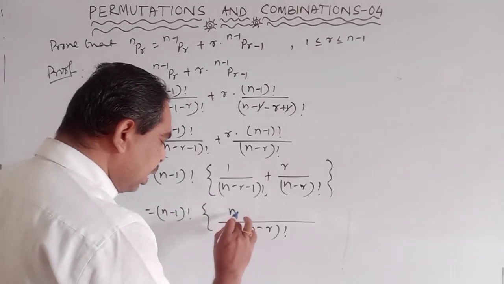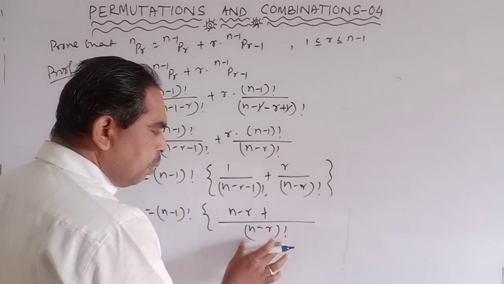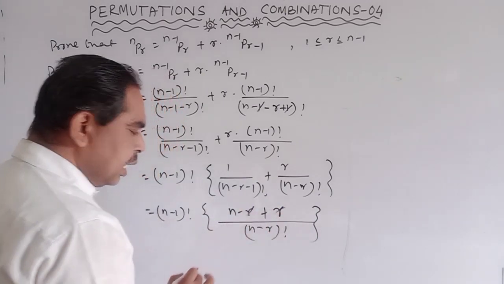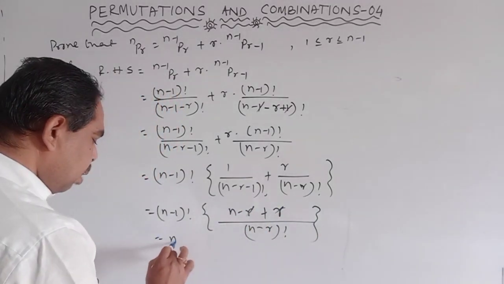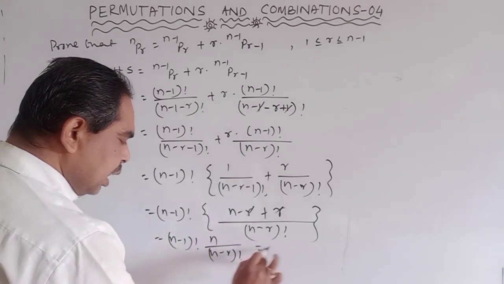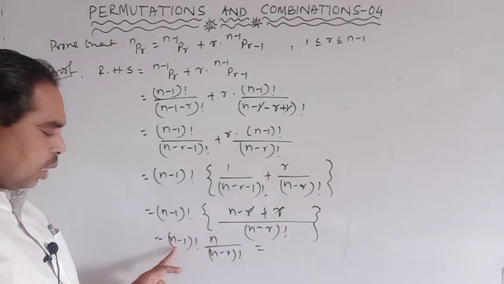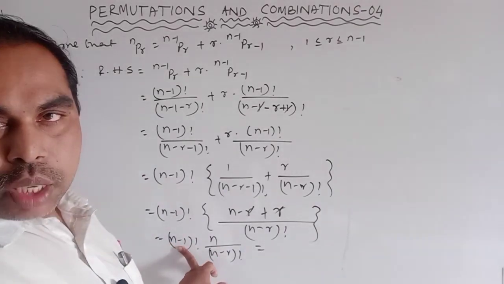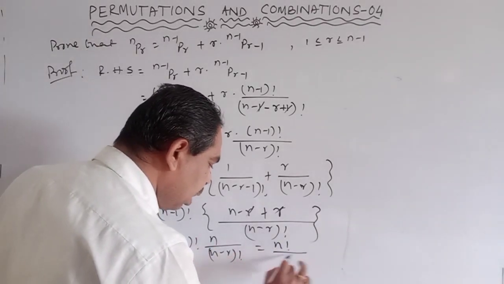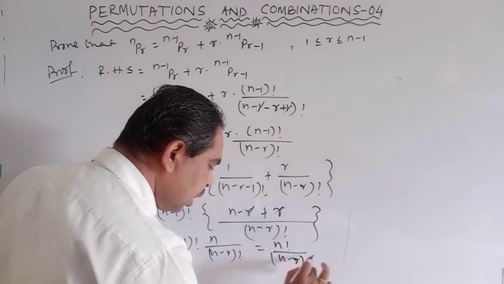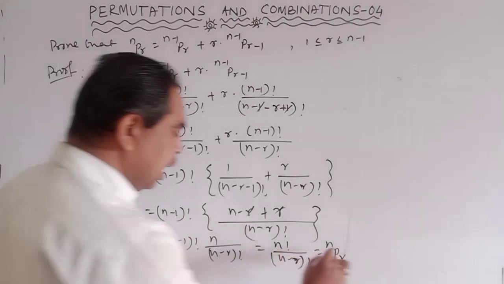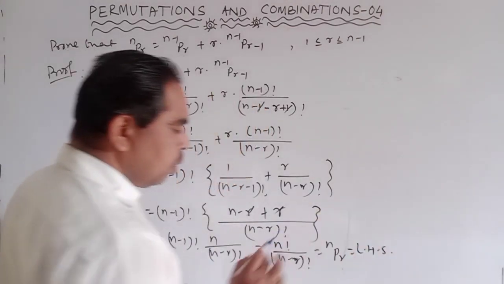So put here (n-r) plus r, where (n-r) factorial divided by (n-r) factorial is 1, and r into 1 is r, so r cancels. So it is (n-1) factorial into n divided by (n-r) factorial, which is n into (n-1) factorial. (n-1) factorial means 1 into 2 into 3 up to (n-1), into n, which is factorial n divided by (n-r) factorial, equal to nPr, which is the LHS.